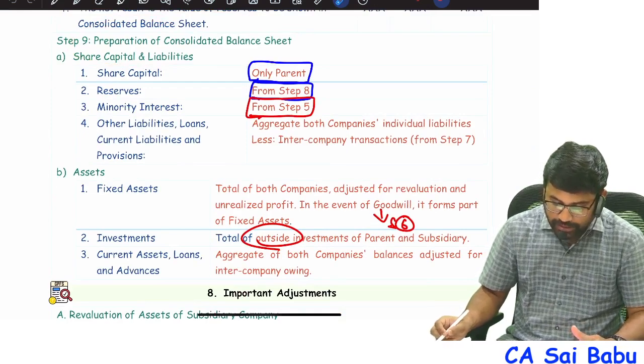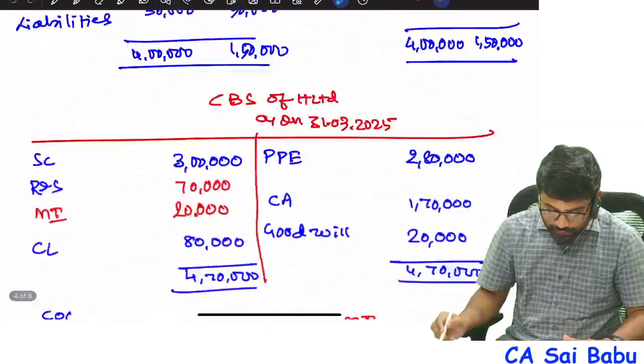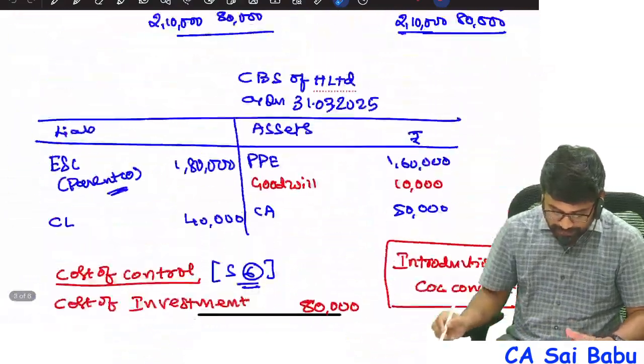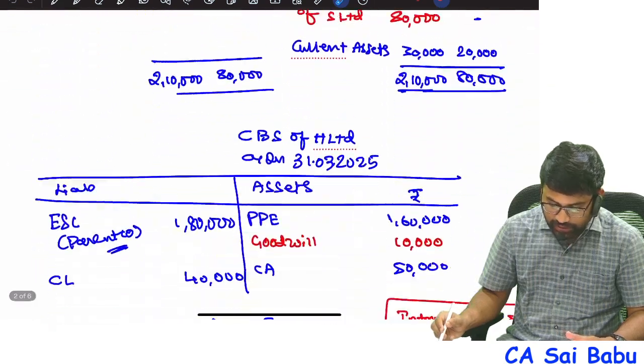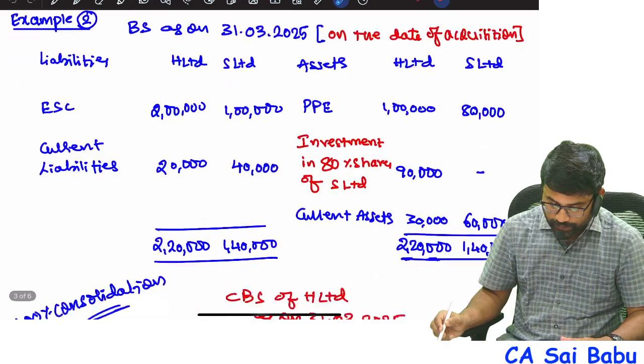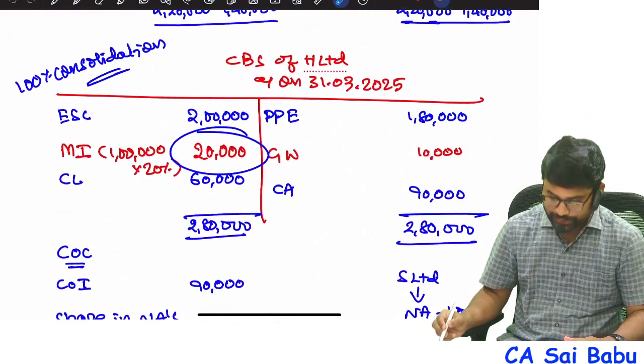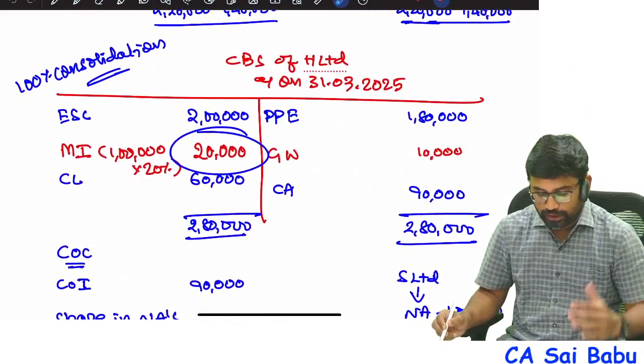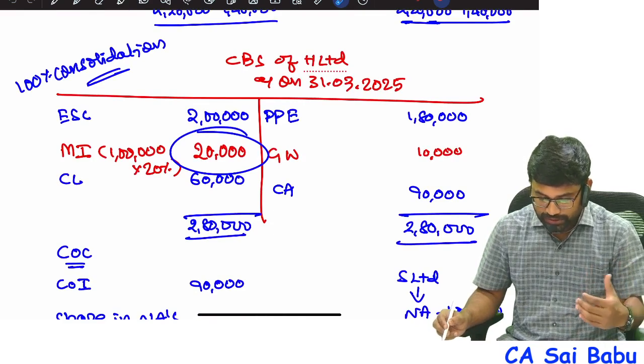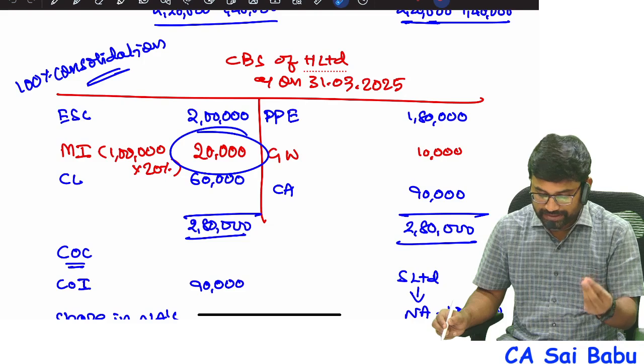And yesterday, through examples, I have introduced the concept of cost of control and also minority interest. So in the consolidation procedure, we have understood the basic steps.